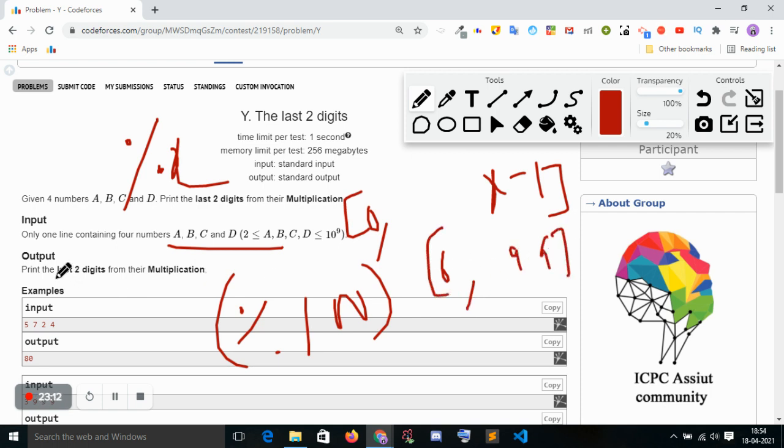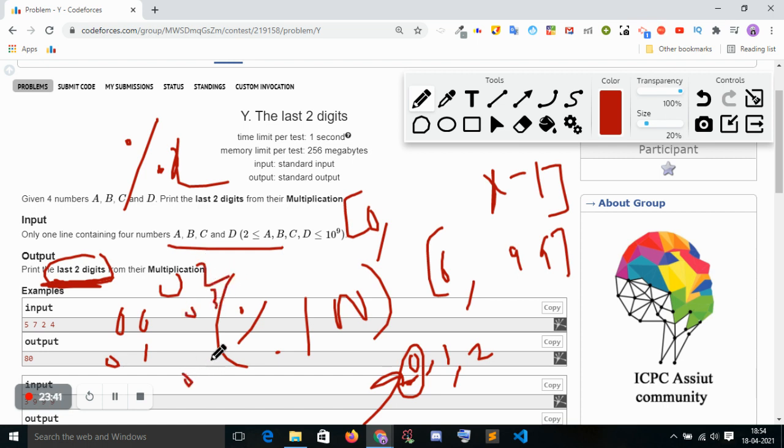But the question says to print the last two digits. If the remainder is 0, 1, 2, then it expresses only one digit, but I have to print two digits. So whenever the remainder is a single digit, you should print a 0 before it, like 00, 01, 02, 03 till 09.